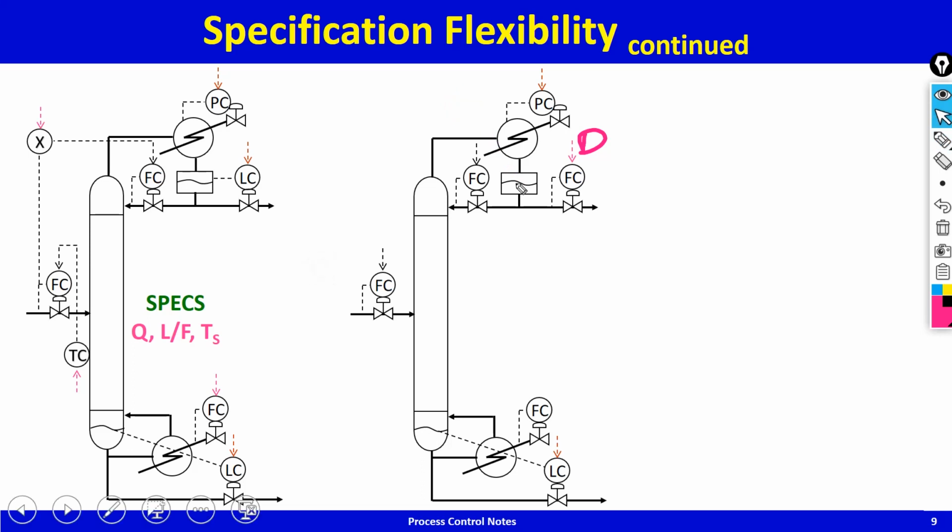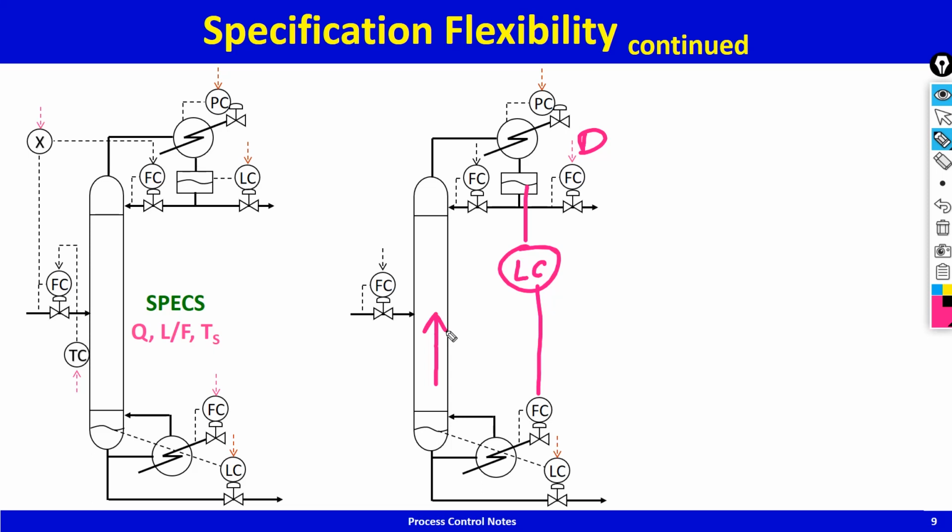It's shown here. Maybe I should explain it to you and then bring it in. What if you do level control this way? If you do level control this way, imagine distillate goes up, level starts to go down, the level controller cranks up, the steam cranks up, more vapor boil up in the column.